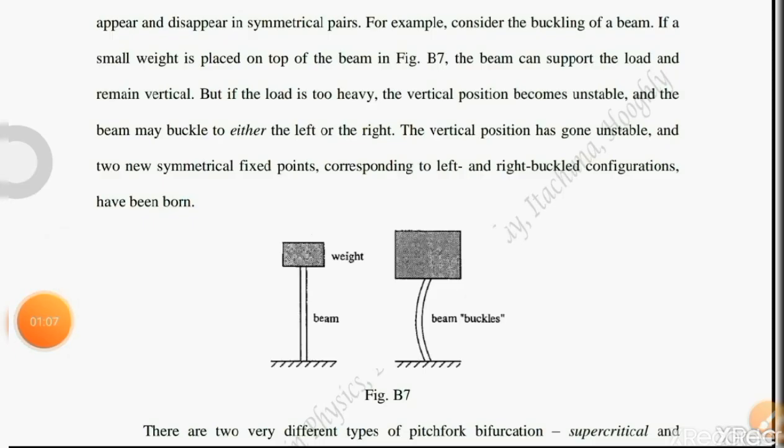Now if we talk in terms of fixed points, then initially when the weight is small, there is only one fixed point which is stable. When the weight is increased, that is when the weight becomes heavy, the previous fixed point becomes unstable and two new symmetrical fixed points appear.